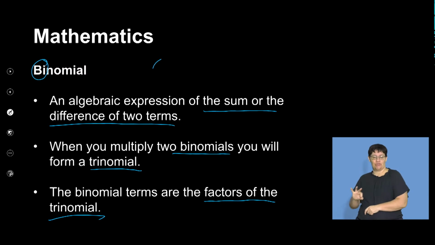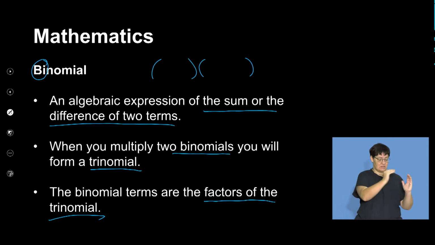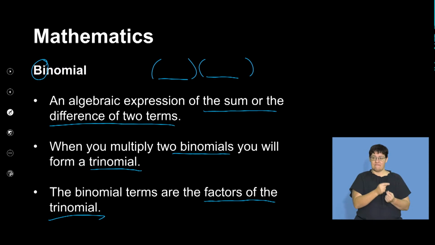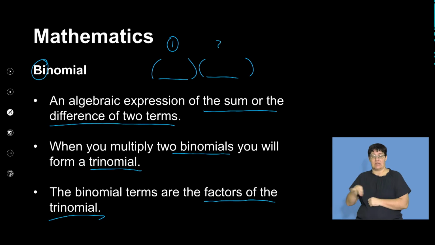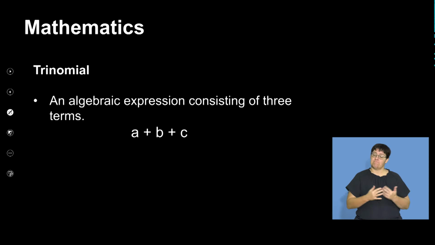So if I have two brackets like this, and there is a binomial and another binomial here, if I multiply them using the expanding rules, I get a trinomial. This first bracket and this second bracket, we then call them the factors of that particular trinomial that we will get if we were to expand that. So a trinomial will be an algebraic expression.